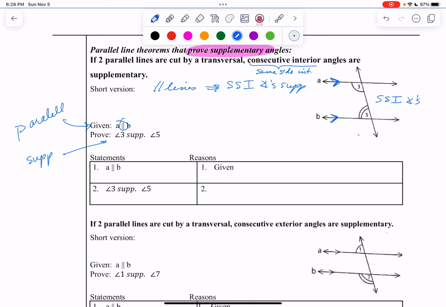Because they're parallel, that has to be the relationship that exists. So, parallel lines implies same side interior angles supplementary. Now, don't forget that supplementary means that it equals 180 degrees. So they're not the same value. They just have that relationship.